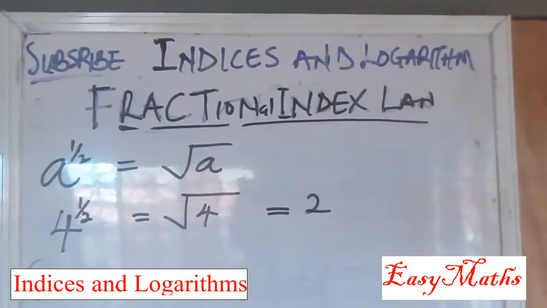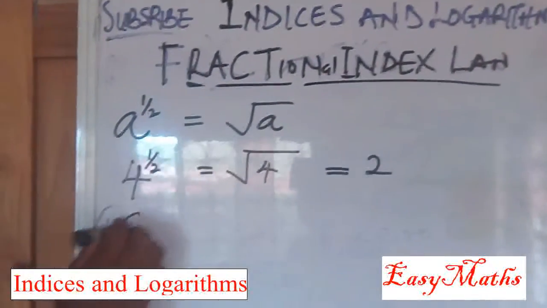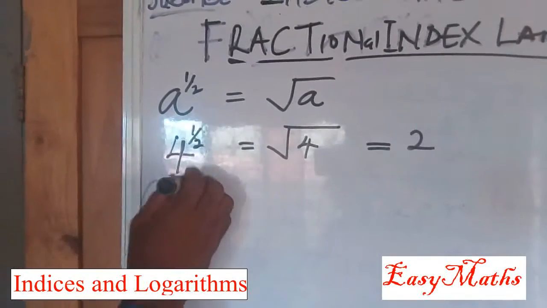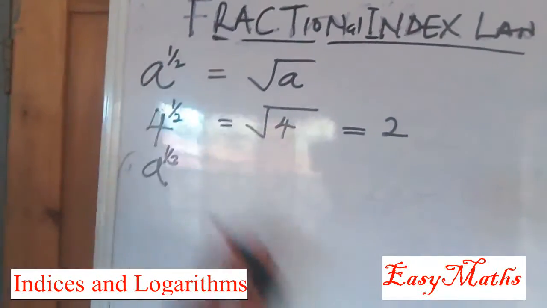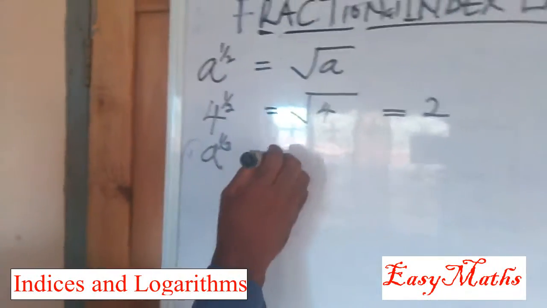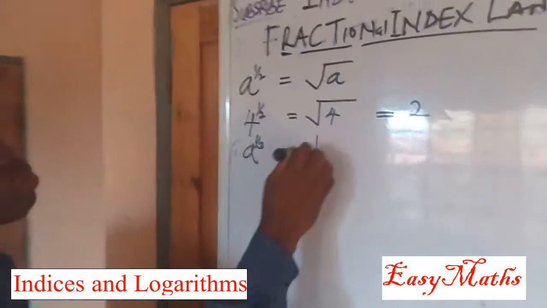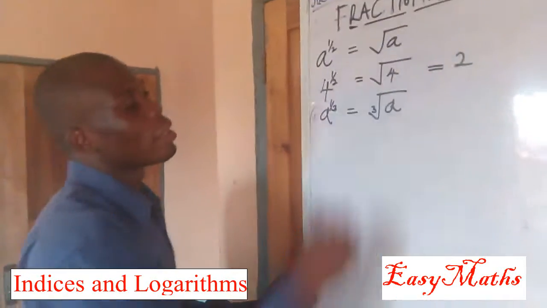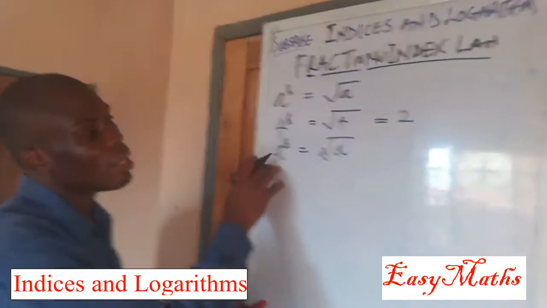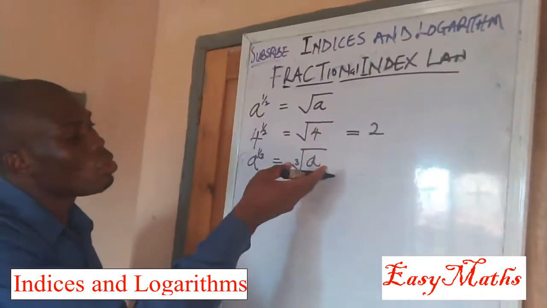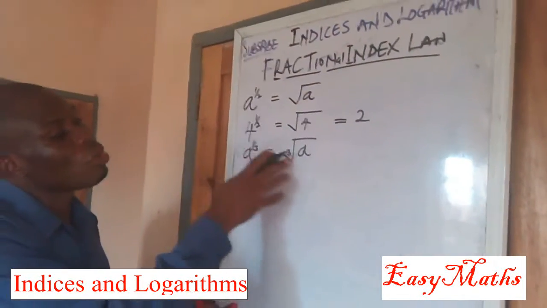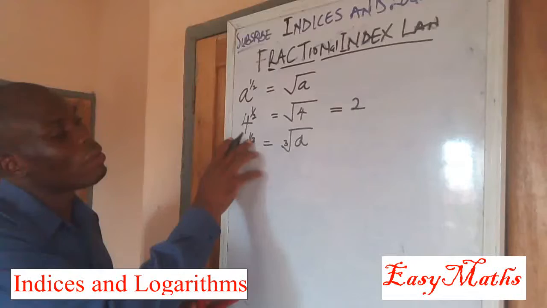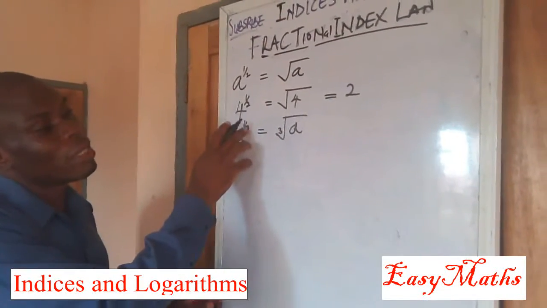Now, similarly, we have a raised to power of 1 over 3. That is the same thing as the third root of a. The denominator is the number of the root. We have a third root because the denominator here, in 1 over 3, is 3.